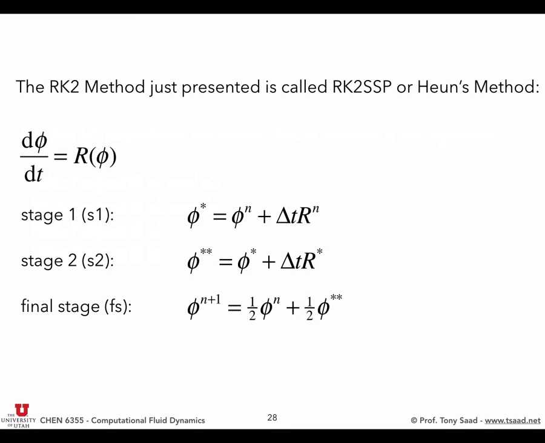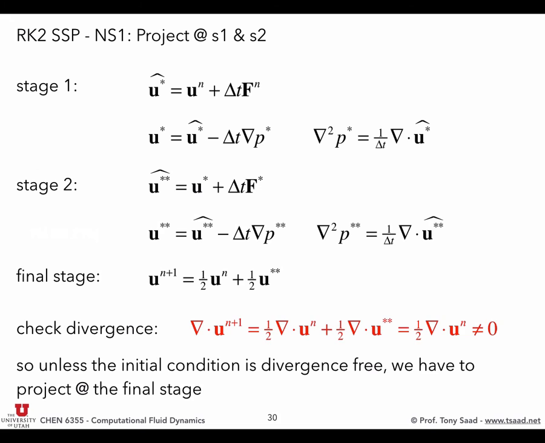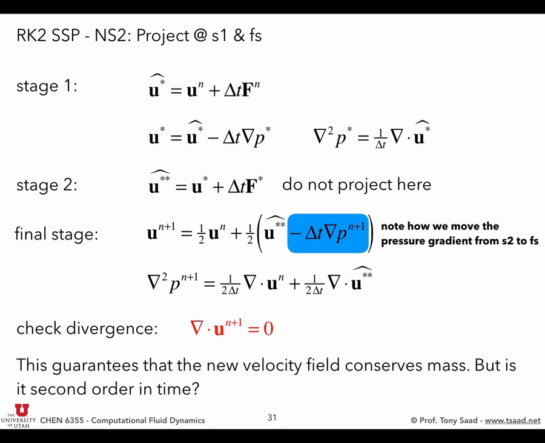In practical terms, you don't compute this explicitly. You compute phi star, and then you bring phi star and expand it over here. Okay? So the second stage really doesn't exist. You only have a final stage. So this is the right way of doing it, doing a projection at stage 1.